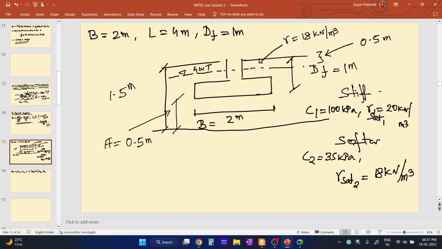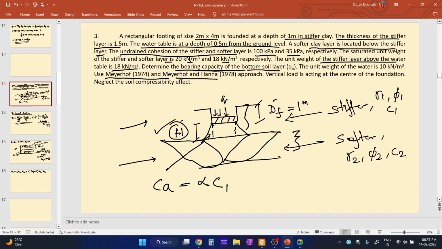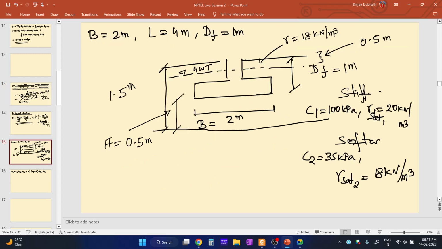These two diagrams are similar. Here, the failure surfaces are defined. I have defined the failure surfaces, and in this data and this picture I have described all the data. So if we look at this picture, what is the surcharge acting on top of this bottom layer?